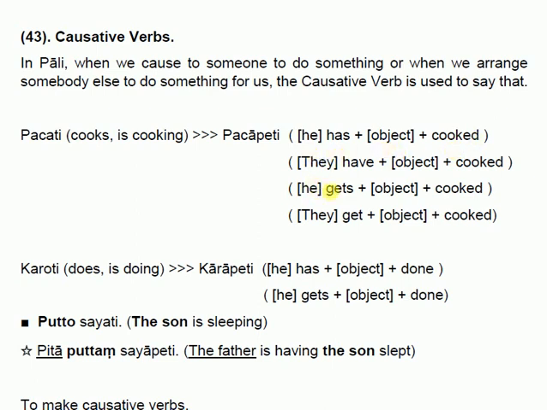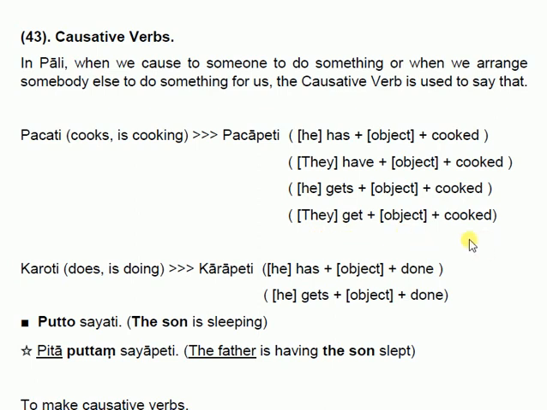Here we can say "they" instead of "he", and then have object plus cooked. They have rice cooked. Or again "gets" plus object and cooked. So he gets rice cooked, or they get rice cooked.